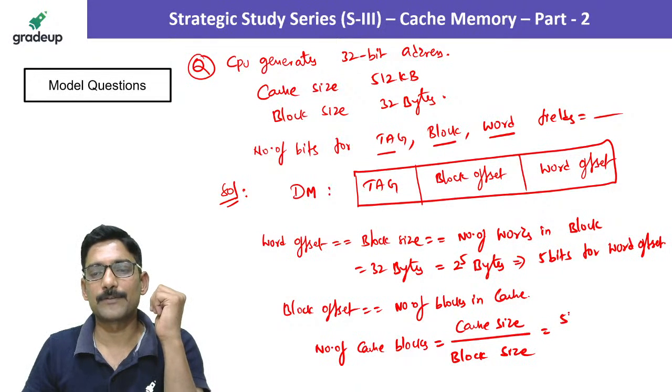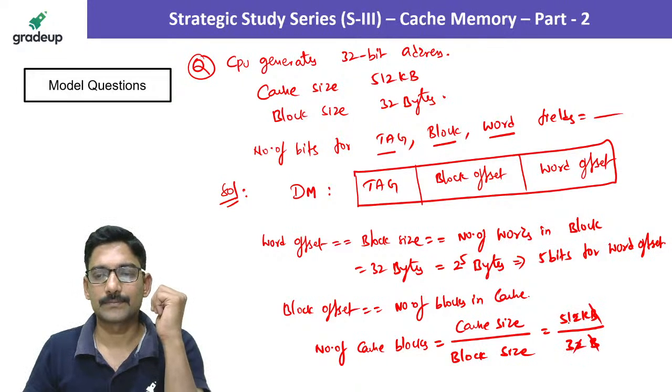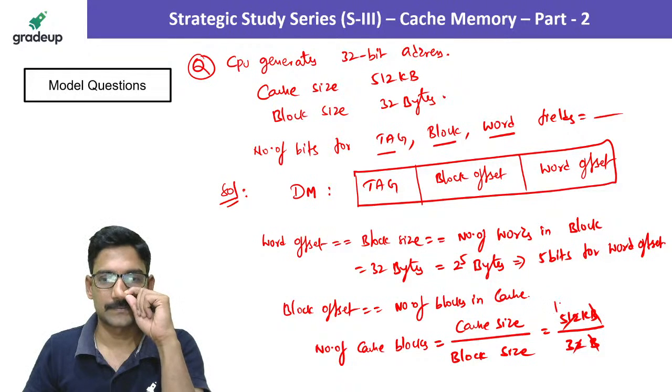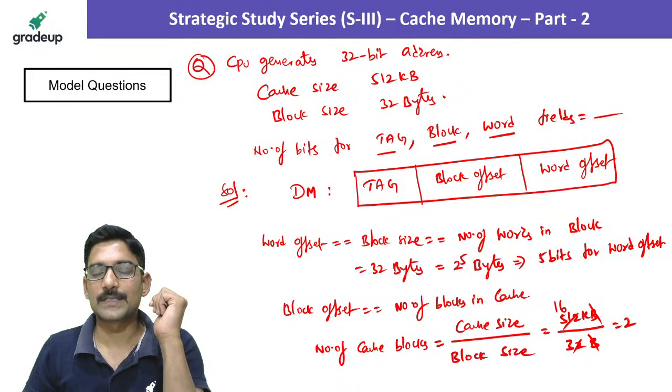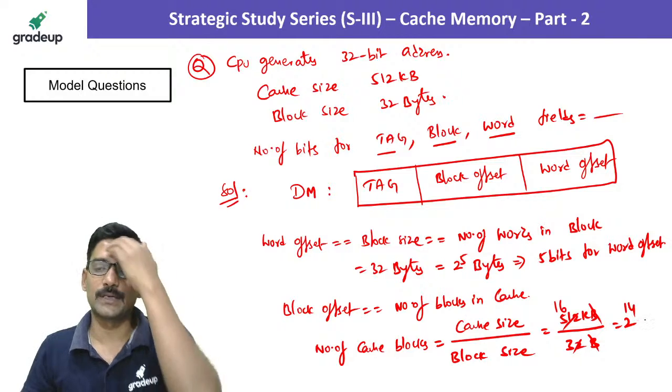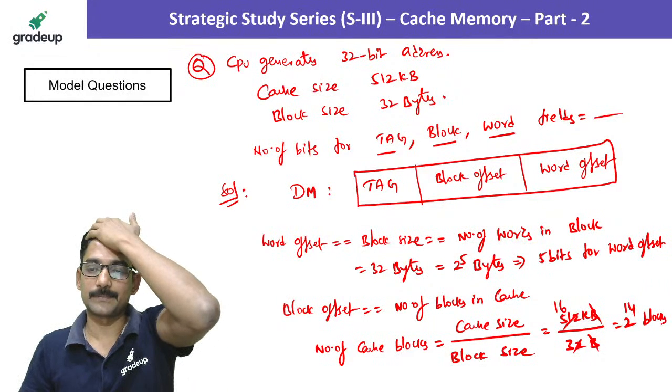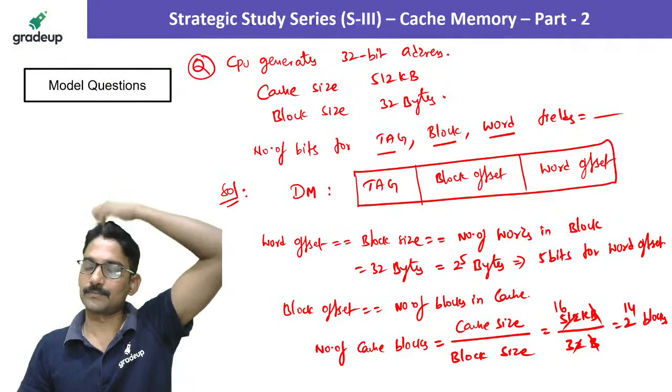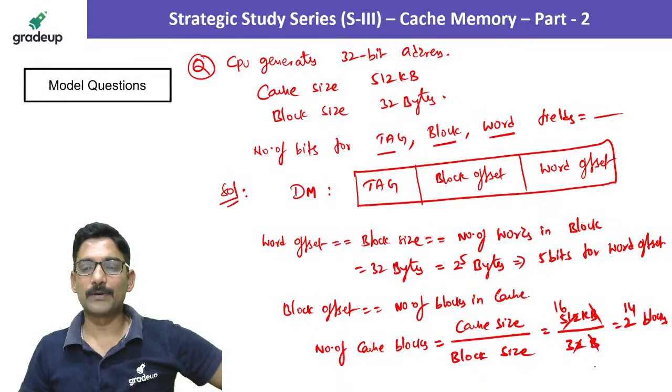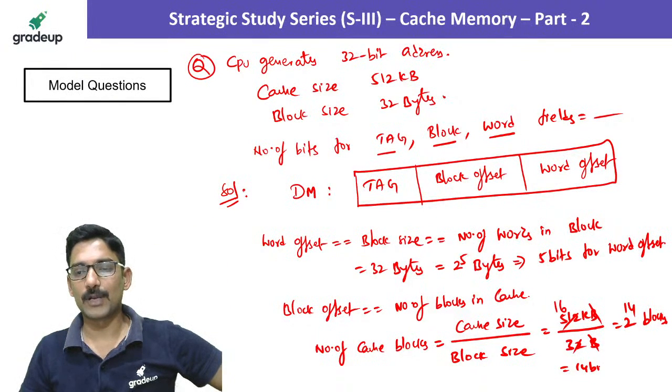So you will get 512 kilobyte divided by 32 byte. So you can say 2 power 14 blocks are there. So when there are 2 power 14 blocks, 14 bits for block offset.